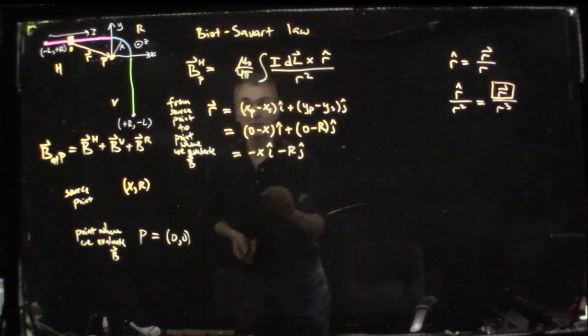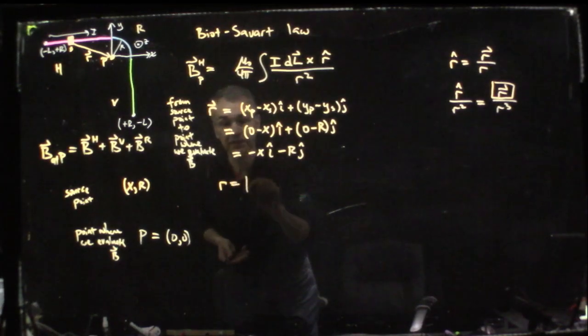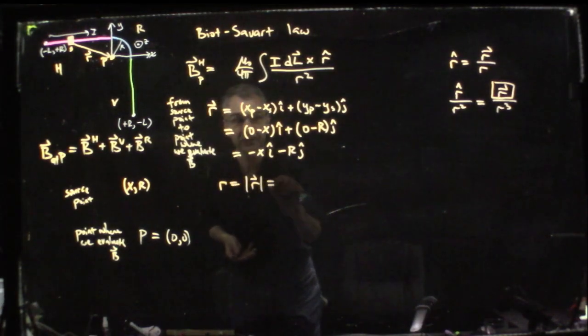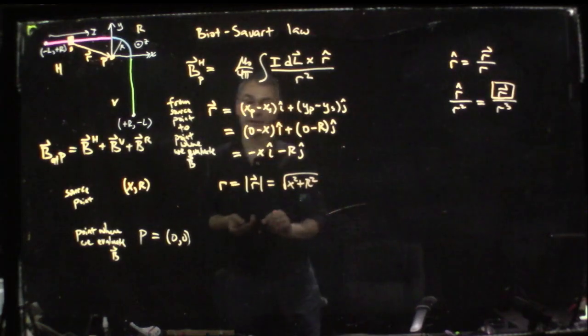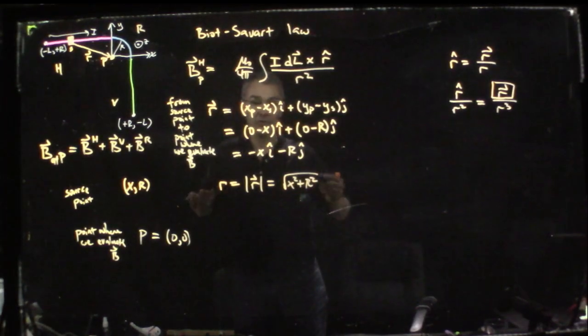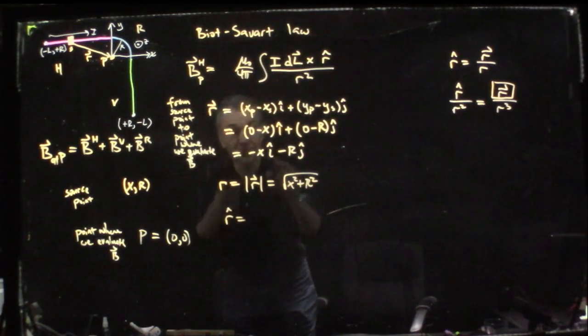Okay, so then the magnitude r, the magnitude of this r vector, is square root of x squared plus r squared. And then if I wanted to turn this into a unit vector, I could say r hat equals this thing.